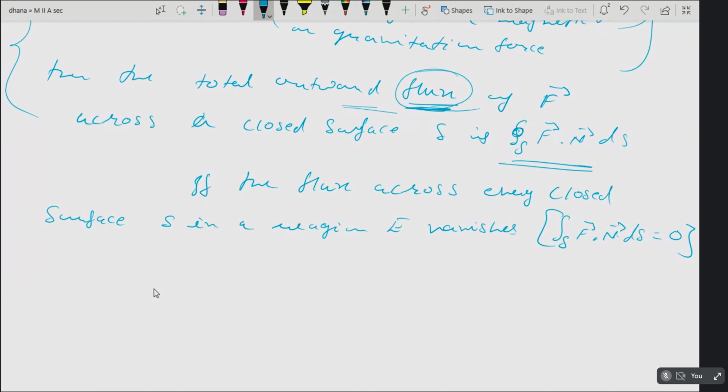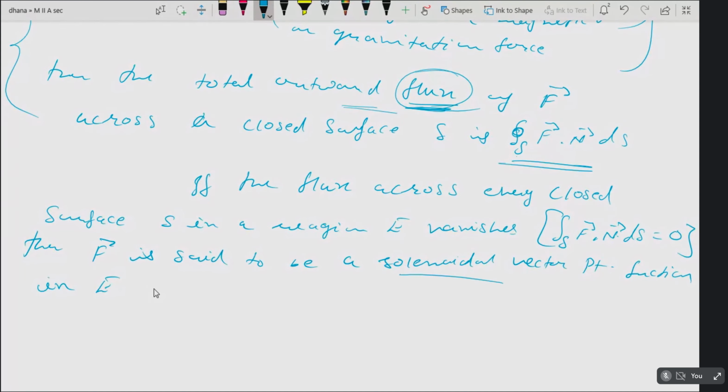If the flux across every closed surface S in a given region E vanishes, then F bar is said to be a solenoidal vector point function in that region E. You have already learned about the solenoidal vector in the fourth unit.